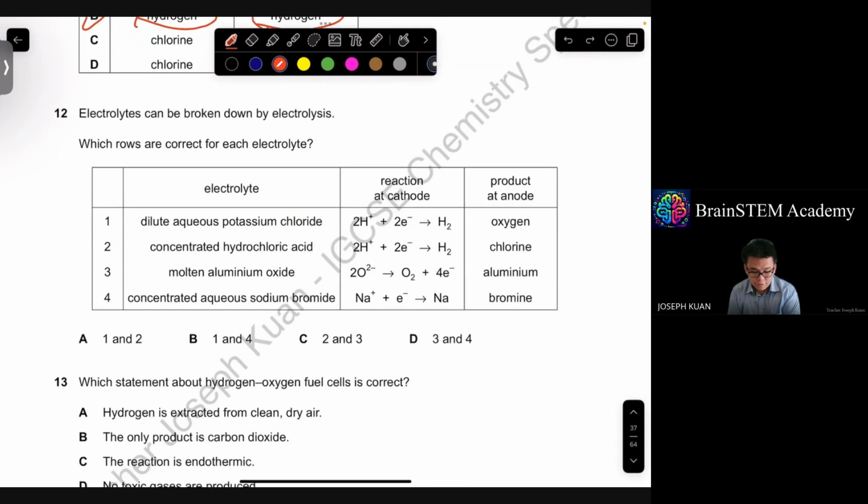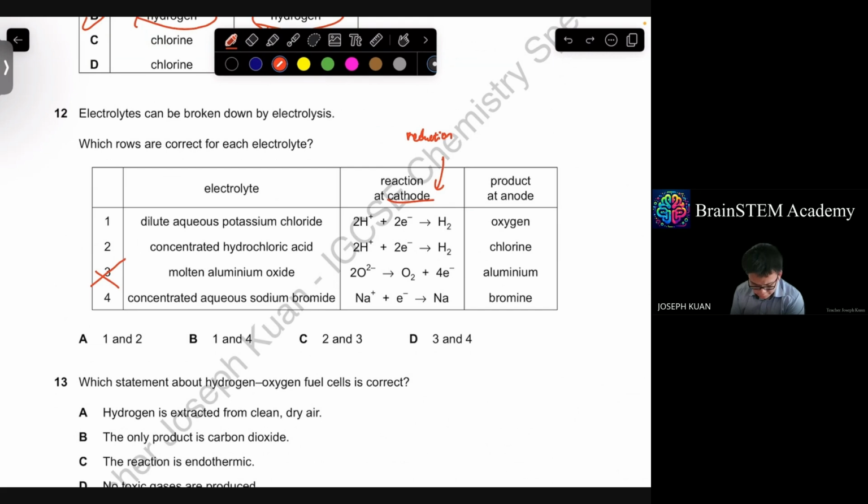Next, 12. Electrolytes can be broken down by electrolysis. Which roles are correct for each electrolyte? We can actually just look at the cathode. The cathode is a site where reduction occurs. So 3 must be wrong, as it's oxidation.